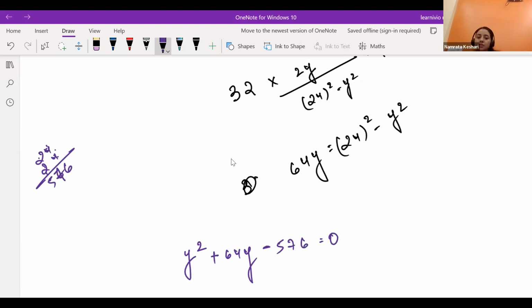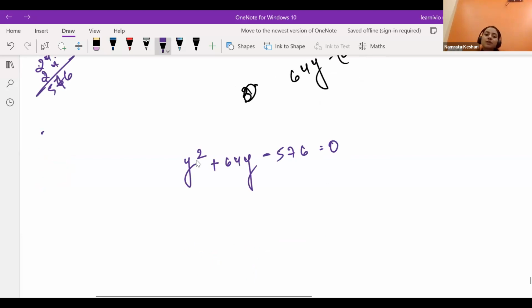Now we have to think about splitting the middle term. We know 576 we got from 24 and 24. Now we will try taking two numbers from here.